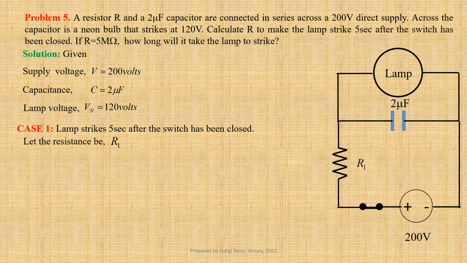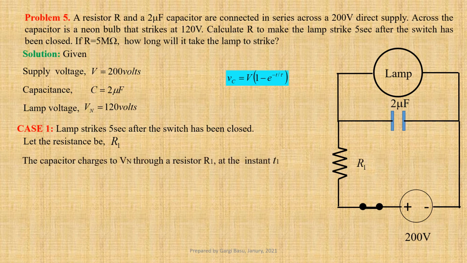When a capacitor C charges through a resistor R, capacitor voltage at any instant t, Vc equals V into 1 minus e to the power minus t by tau, where time constant tau equals R into C. In this case, the capacitor charges to Vn through a resistor R1 at time instant t1.